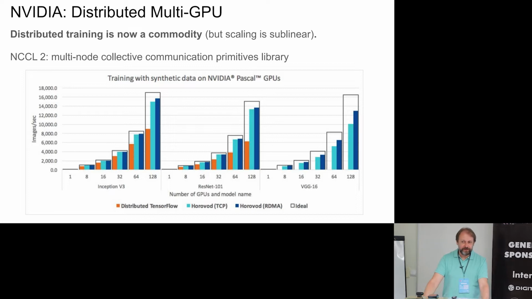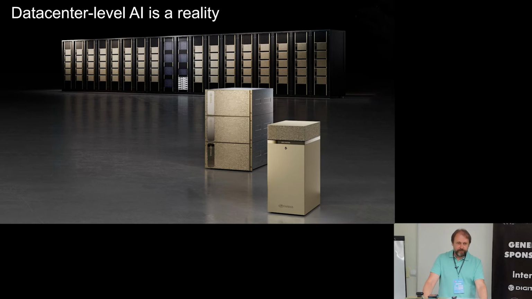But again, it's better than nothing, and different solutions have different trends in scaling, so that's good. And basically, AI became data center level AI. We have different pods and superpods by NVIDIA, by Google, by other companies. Right now, data center level supercomputers for AI and deep learning are not necessarily a commodity, but a pretty common thing if you can afford them.